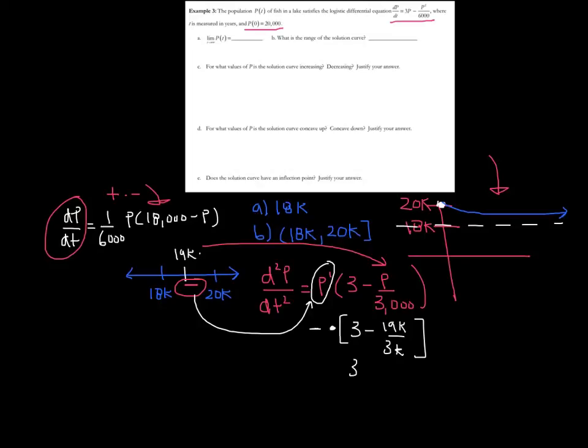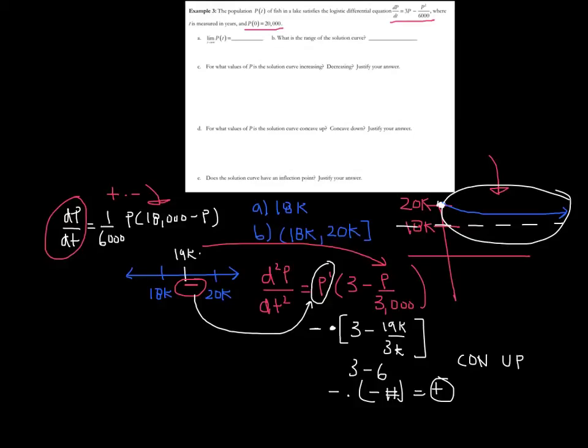So 3 minus something around 6 is a negative number, times the negative first derivative gives us a positive number, and that means that the graph is concave up. Concave up. Well, we knew that. Look at the graph. It's concave up right there, but we have to prove it using calculus.